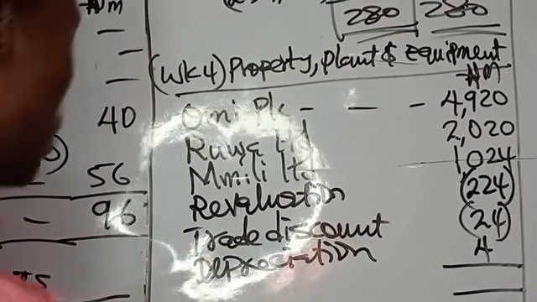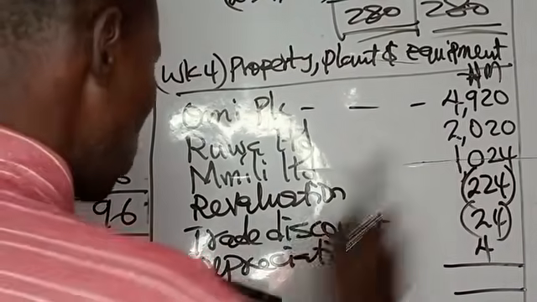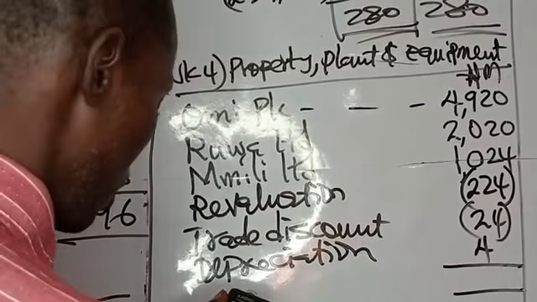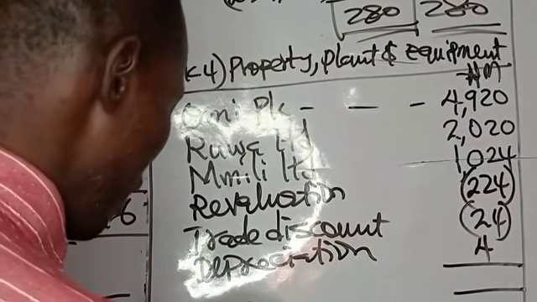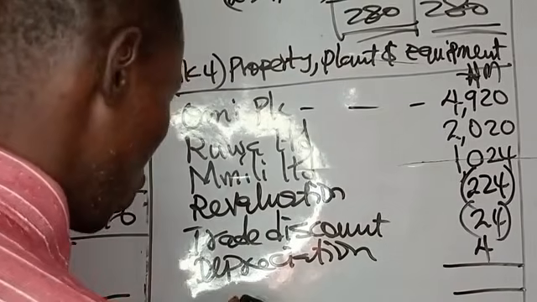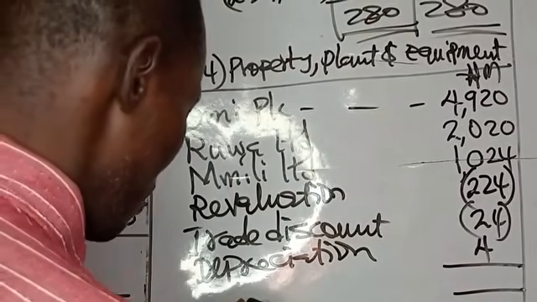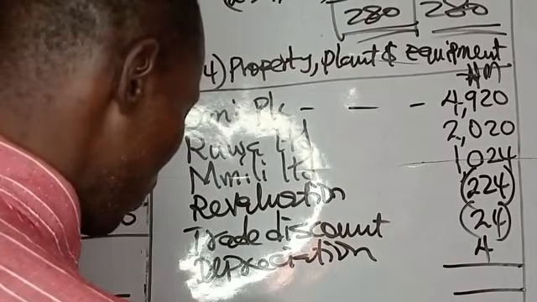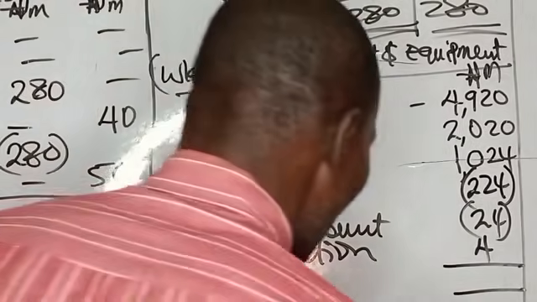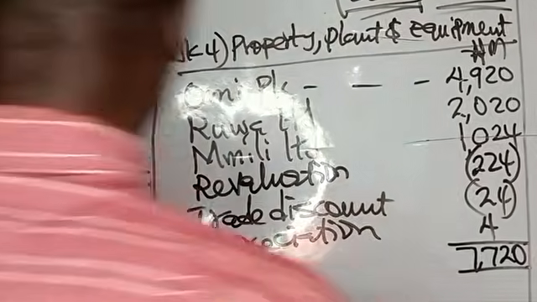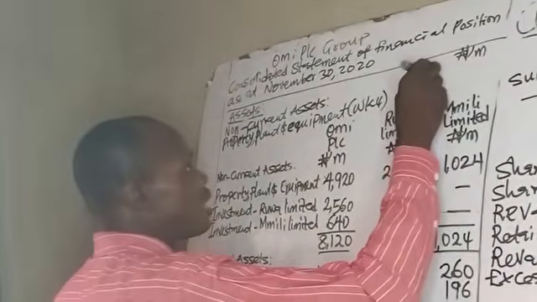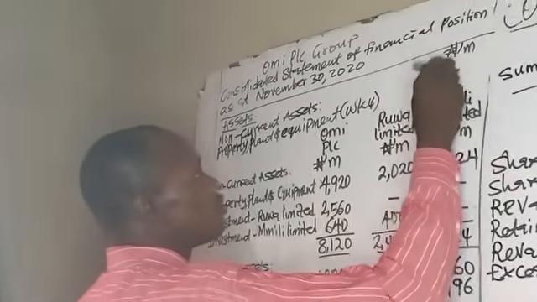Let's sum it up. We have 4,920 plus 2,020 plus 1,024 minus 224 minus 24 plus 4, which gives 7,720. So in the consolidated statement of financial position, the property, plant, and equipment is 7,720.